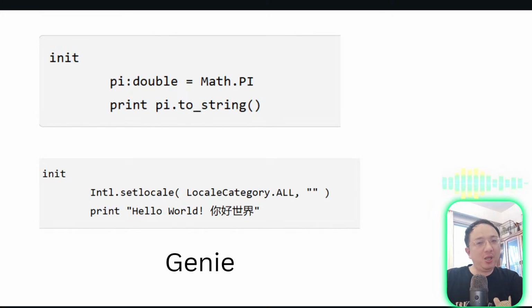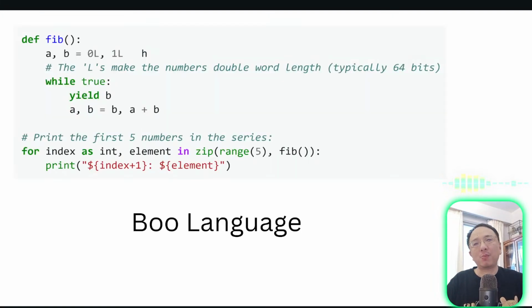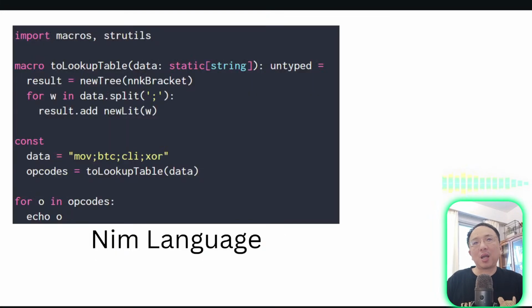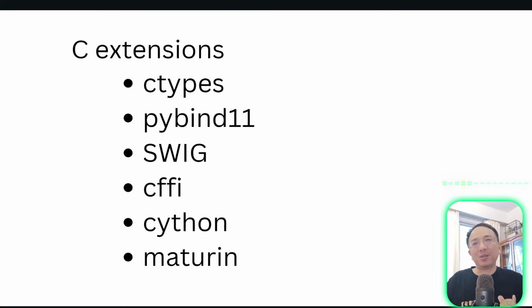But if we include Julia, both Mojo and Julia are aiming at machine learning, data science, or deep learning environments. So I think the motivation of Mojo and Julia is different from those languages we mentioned before, like Boo, Genie, or even Hy, CLPython, or the Nim language. They are for a different purpose.